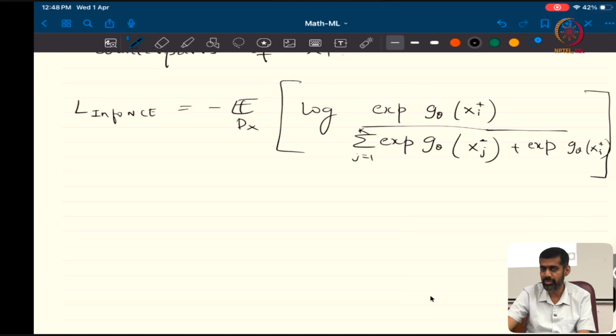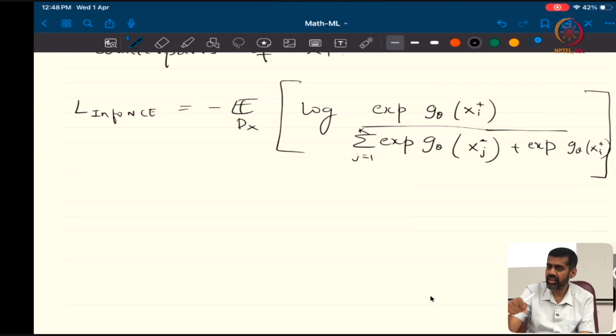The classification is between xi plus being the positive counterpart and everything else taken to be out of class samples. See, what does a k class classification task do? One of the k will be the actual class and the rest of them are not the actual classes.